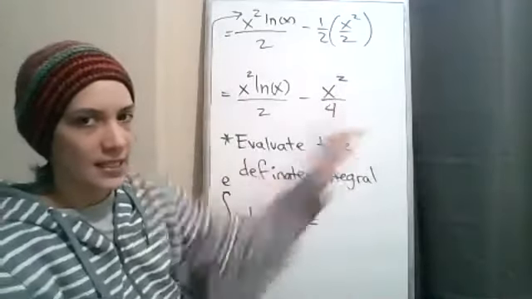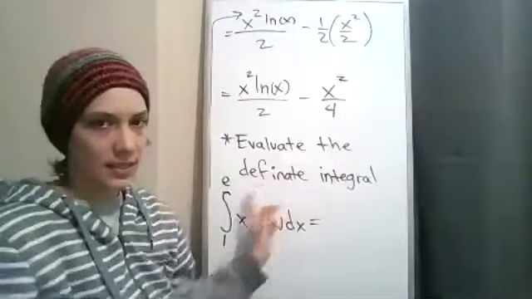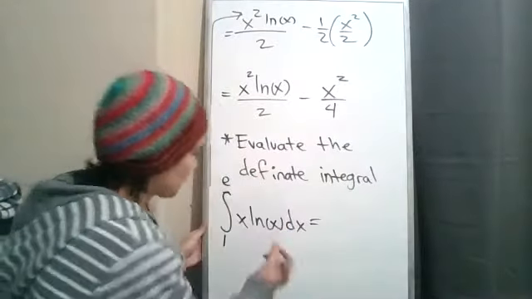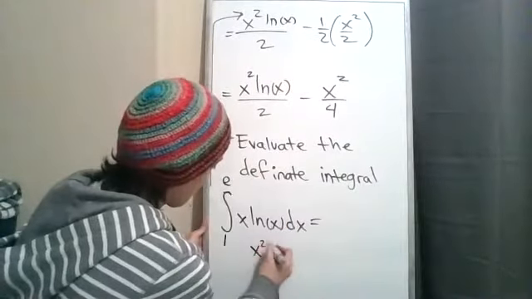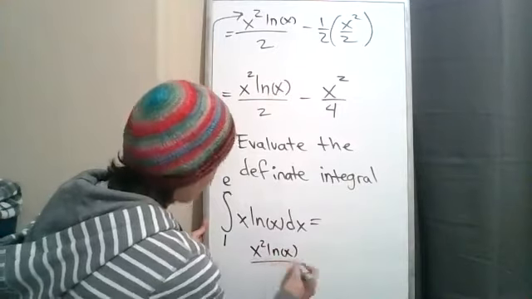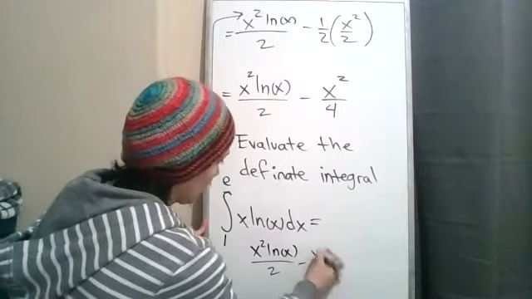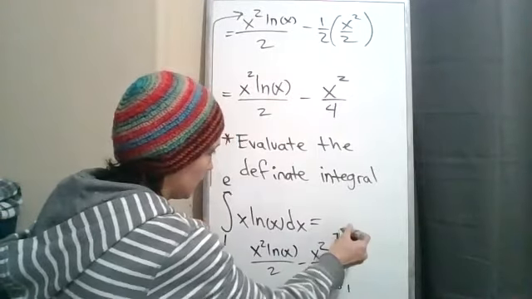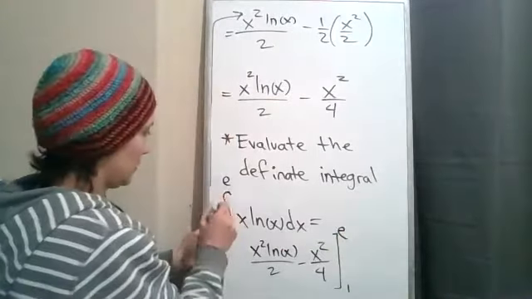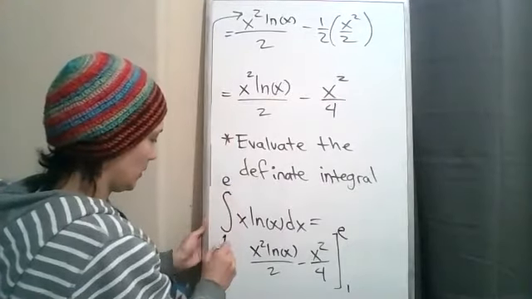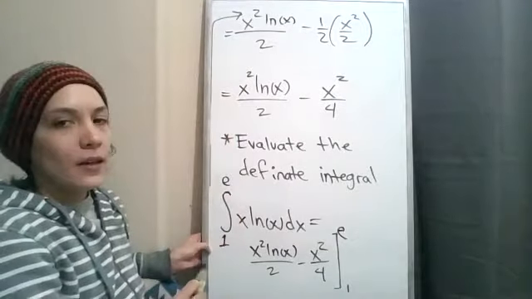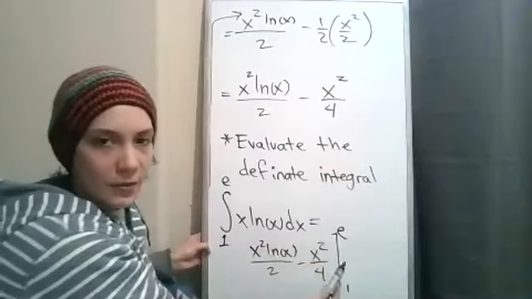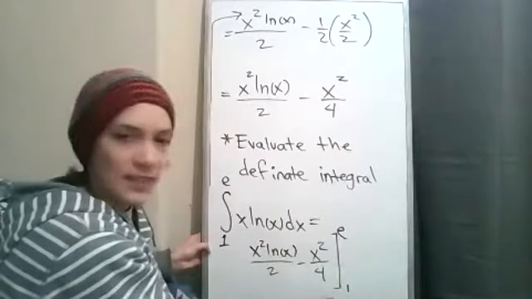So we're not going to add c, since we're actually going to find this definite integral. So put in e and then subtract, putting in 1, and then simplify.